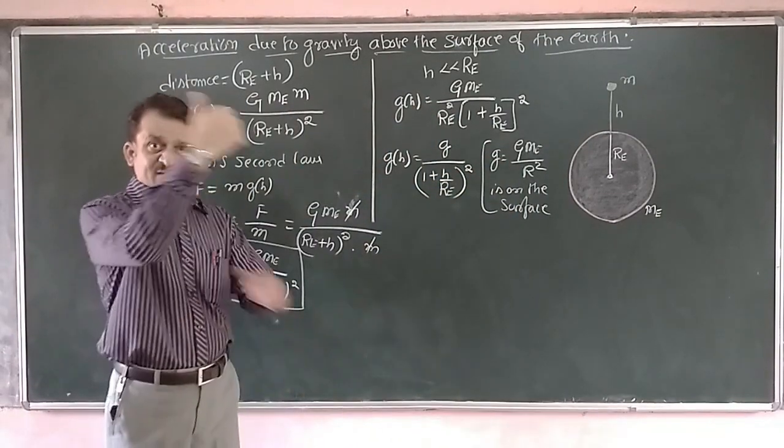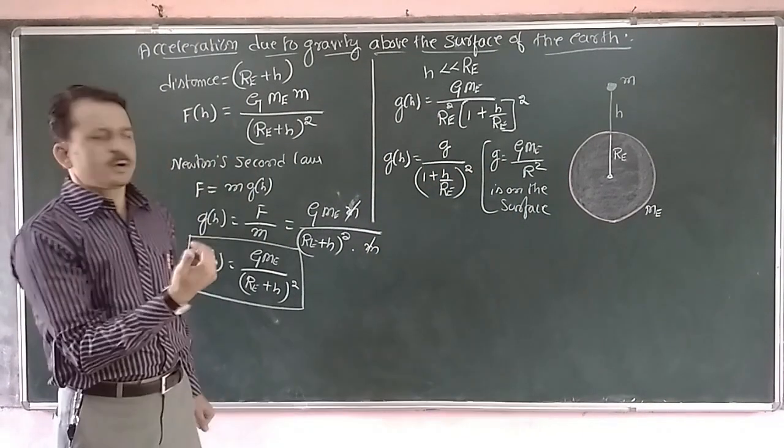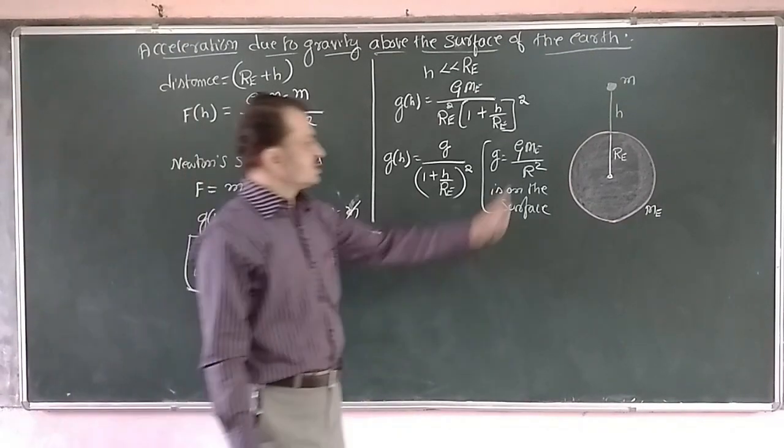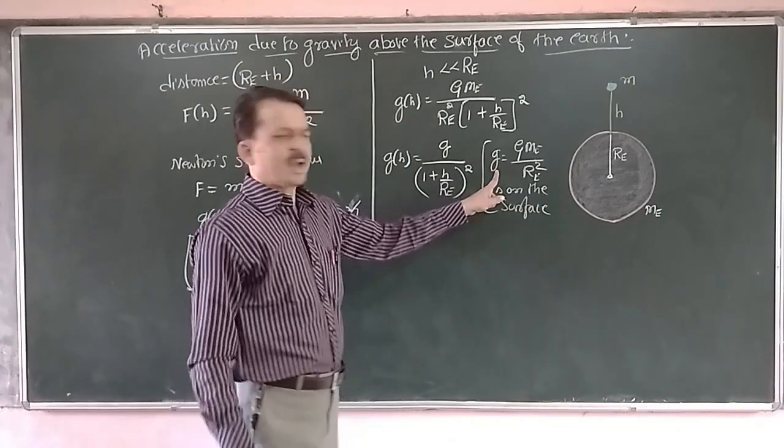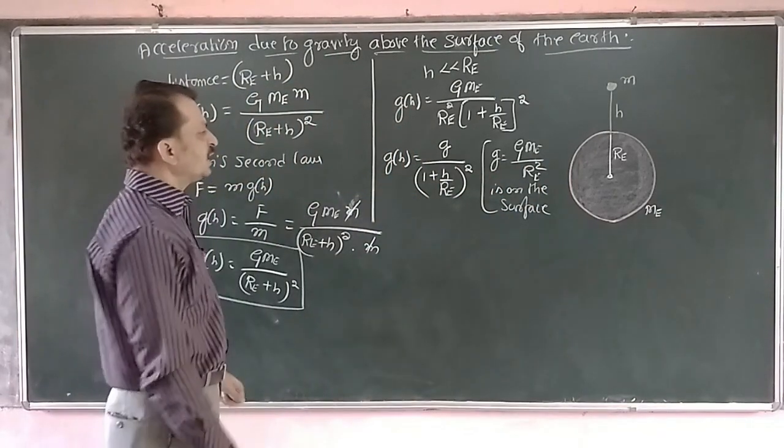Acceleration due to gravity on the surface of the earth, that we have derived in the previous session, that is G Me divided by Re square, is replaced by small g.